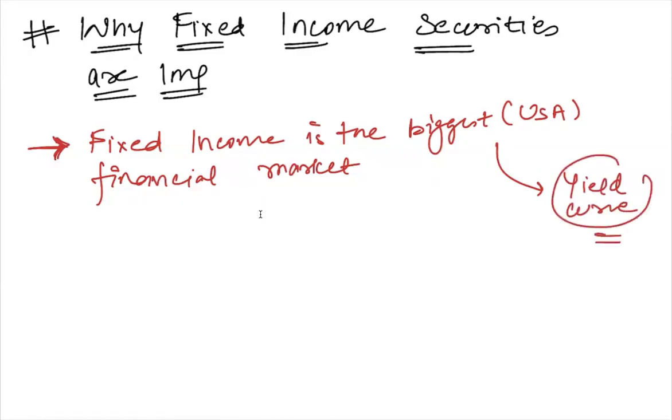Why are fixed income securities important? Of course, because it is the biggest financial market. Also, from an investor point of view, it gives investors like us a reliable, or stable, income.